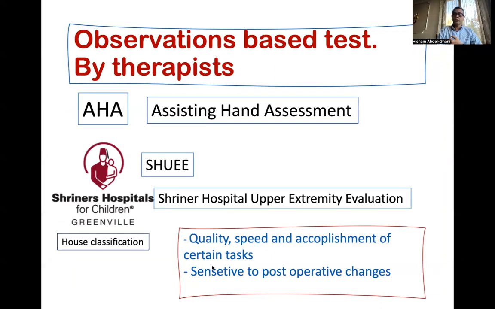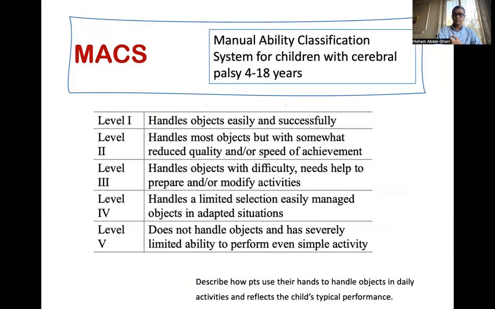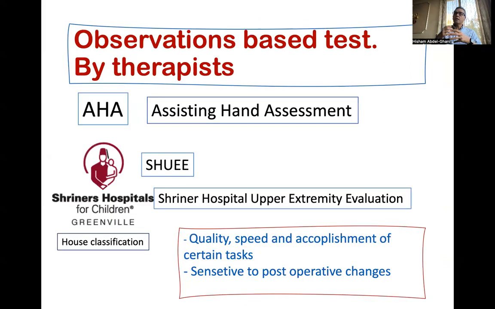The patient cannot be shifted from one level to another after surgical intervention. The patient usually will stay in his level, but with improved velocity, stability, and ability to do jobs. So we need other tests to assess the preoperative state and determine whether we really benefit from the surgical intervention or not.